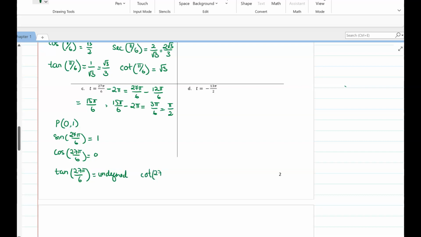Cotangent of 27 pi over 6 equals 0. Secant of 27 pi over 6 equal undefined. And cosecant of 27 pi over 6 equal 1.